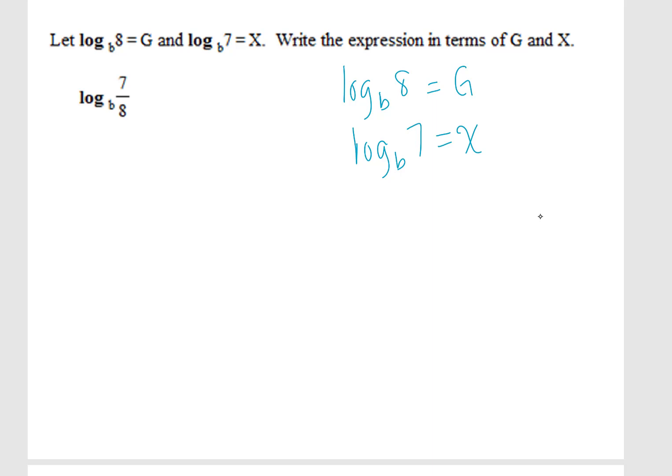So I don't have that specific expression in this expression initially, right? I have log base b of 7/8, but I don't have log base b of 8 or log base b of 7. But I can use my rules to get there. So I can go ahead and use my quotient rule.